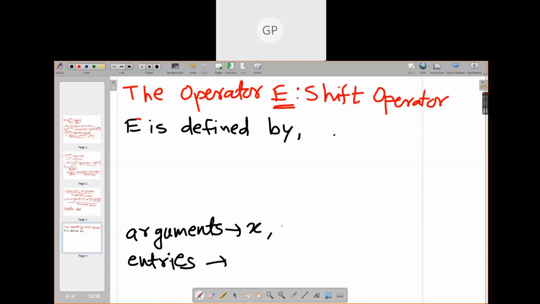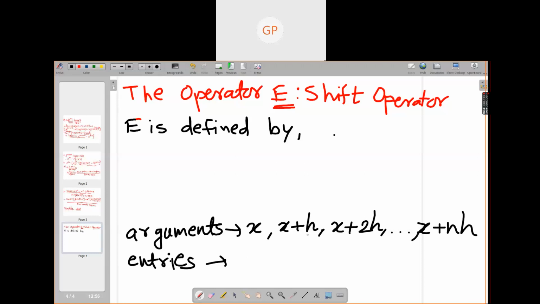X, then the next X value is X plus H, next X plus 2H, and so on up to X plus NH. Yes. So these are arguments.